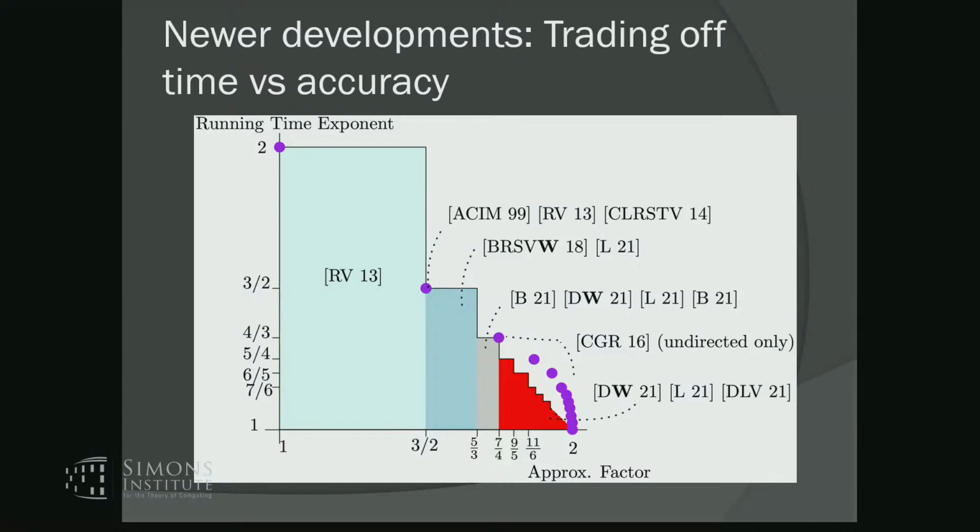This work has been able to get some, it's not completely tight, but some of these points are tight. We've shown that if you believe SETH, then there's an inherent time versus accuracy trade-off. Some of these trade-offs are only for undirected graphs, and just in very recent work, a couple months ago by Virginia and others, they showed that for directed graphs, you can also get some trade-off.